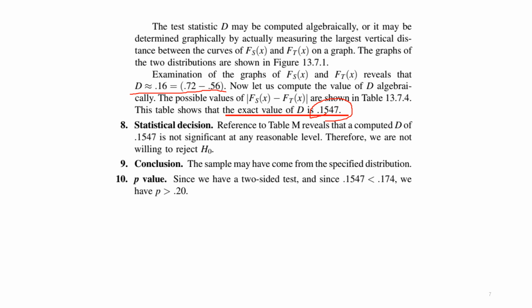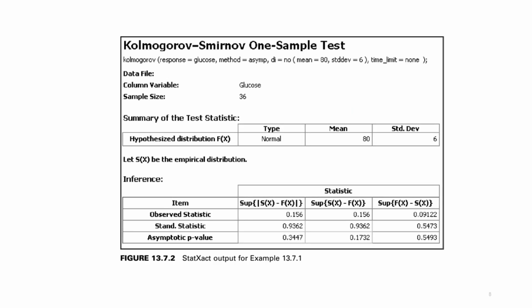It is inside, beyond the probability level, so we are unable to reject the null hypothesis. Here the p-value is greater than 0.2. That's the check for normal distribution using the Kolmogorov-Smirnov one-sample test, the K-S test.